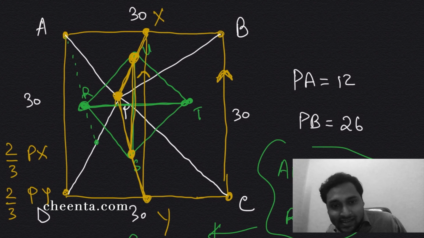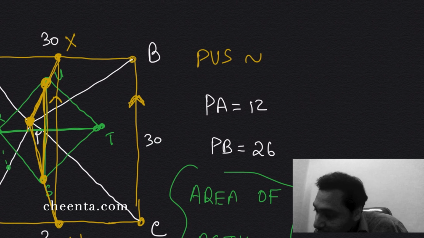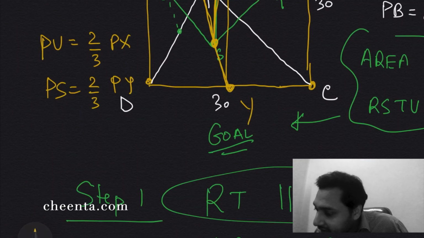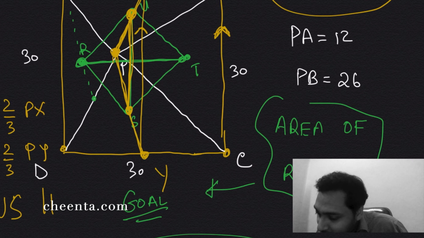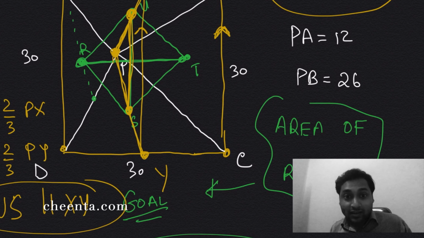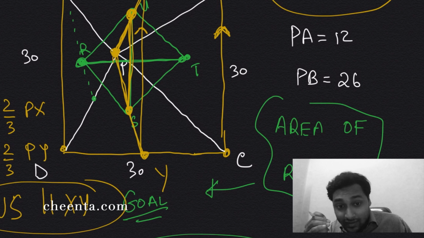So now we can see that this is creating similar triangles. PUS is similar to PXY. So we have similar triangles here, which means US is parallel to XY. But we already knew that XY is parallel to the side, so US is parallel to the side. Not only that, we know that US is 2/3 of XY, because these two triangles are similar.